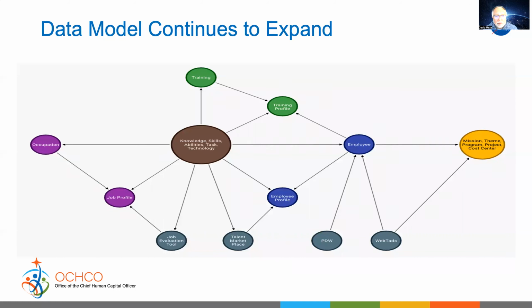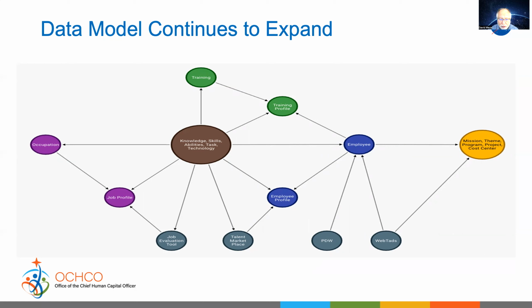So your model will look something like this as you continue to grow. In this particular case, I brought it up a little bit so you can see the various connections of occupation on your left. The knowledge, skills, and tasks are right there in the middle. The employees on the right-hand side. But as we build more and more information into our graph model, we can develop things such as job profile, employee profile, or training profile.